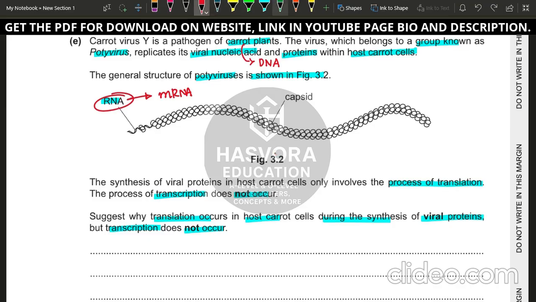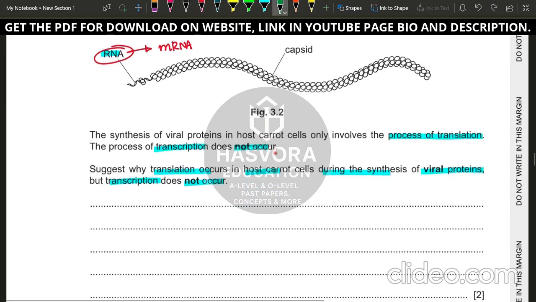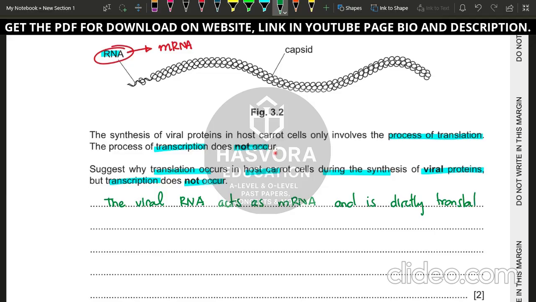So you can simply write it as: the viral RNA acts as mRNA and is directly translated via the ribosomes present in host cell, because the ribosomes are always present in the cell.